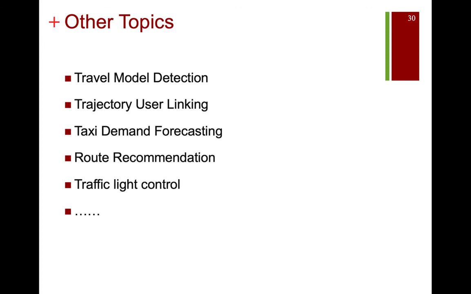Or given the trajectory data for one specific person, it tries to learn from the data itself whose trajectories they are. And we also have taxi demand forecasting, route recommendation, traffic light control, and so on and so forth.